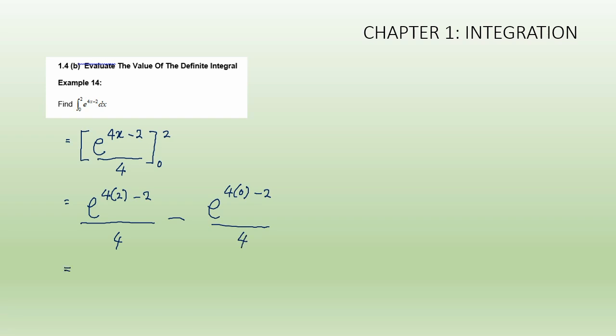We simplify, so we have e power of 6 over 4 minus e power of negative 2 over 4, or we can give the answer in decimal, which is 100.823.